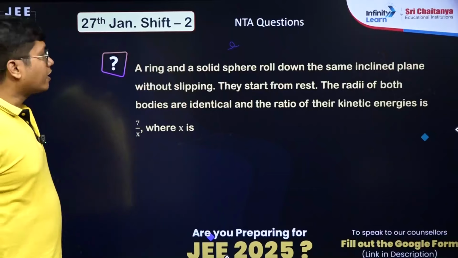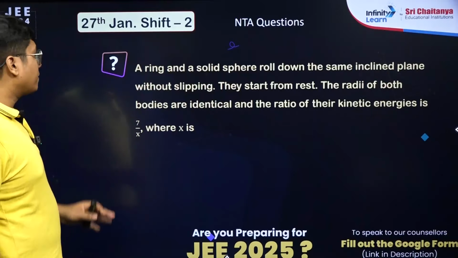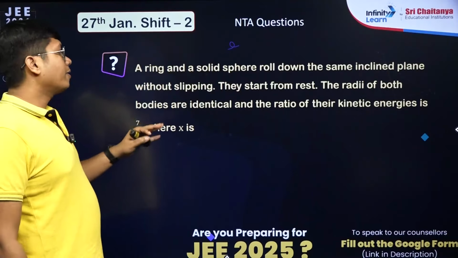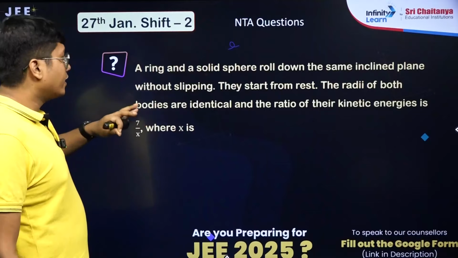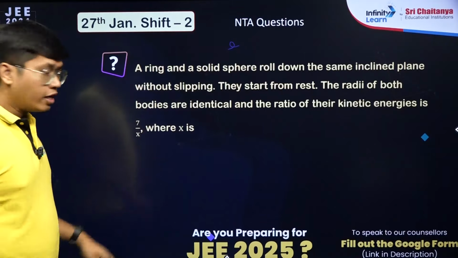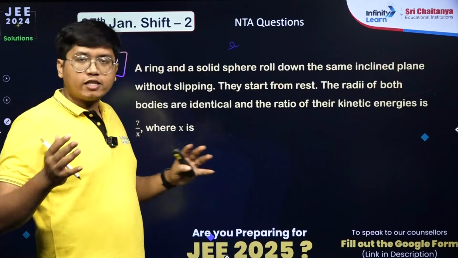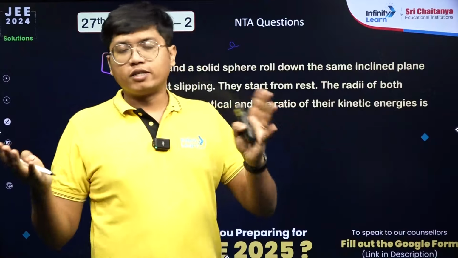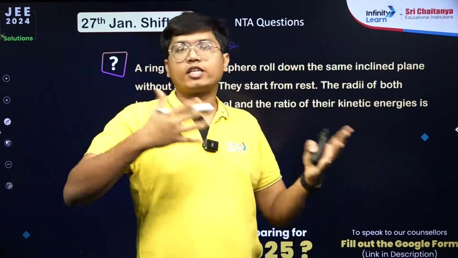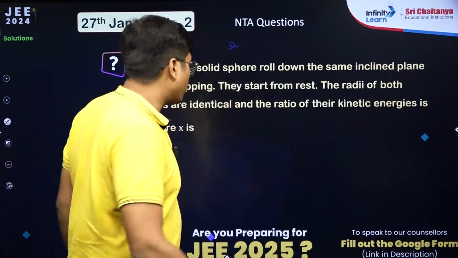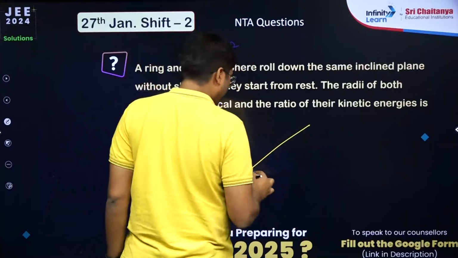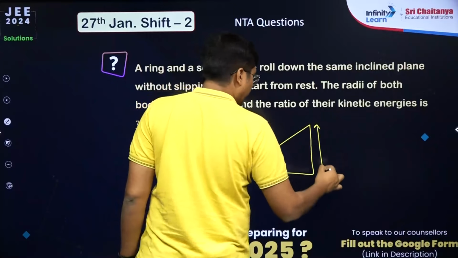This says a ring and a solid sphere roll down the same inclined plane without slipping. They start from rest, radii of both bodies identical, ratio of their kinetic energy is how much? Now you might think you'll have to worry about the radius of gyration and how much portion is given to rotational and translational. Don't have to worry about anything, because at the end of the day, they are both rolling down by the same height.